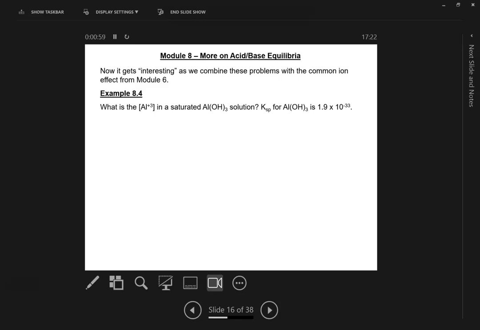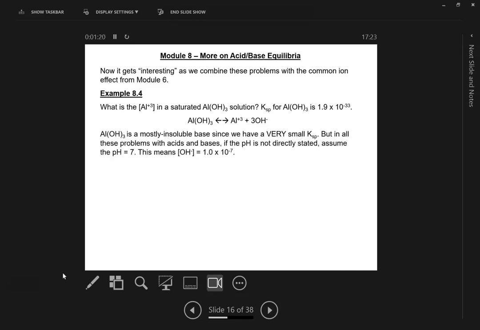So we do this like we do any equilibrium problem. We write our equation. Al(OH)3 solubilizes, or if it does, not very much, we get Al+3 and 3 OH-. Now, they don't give us a pH.